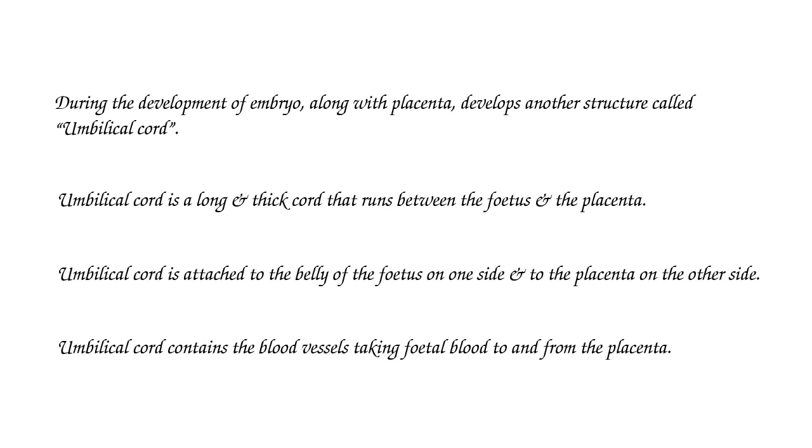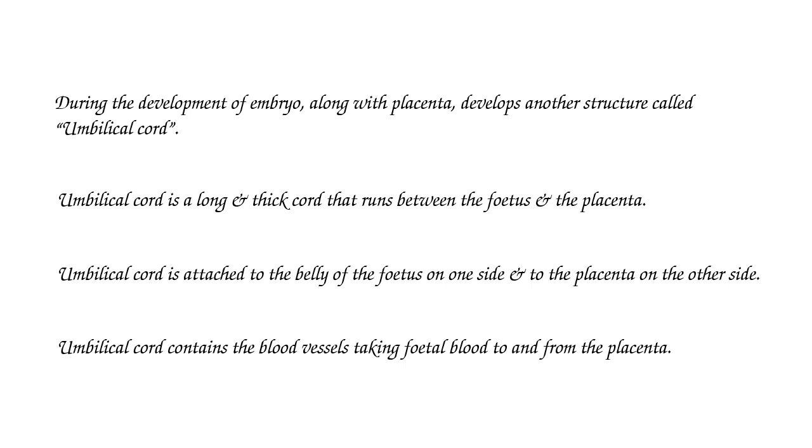Next concept is the umbilical cord. During the development of the embryo, along with the placenta, develops another structure called the umbilical cord. The umbilical cord is a long and thick cord that runs between the fetus and the placenta. It is attached to the belly of the fetus on one side and to the placenta on the other side.